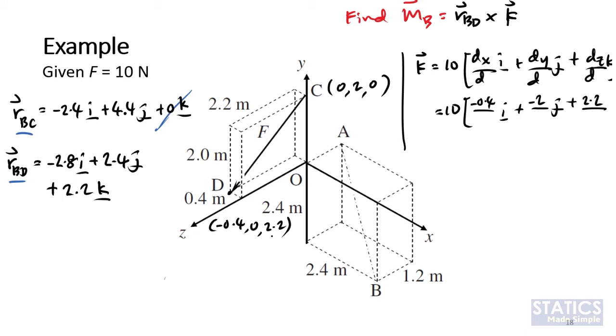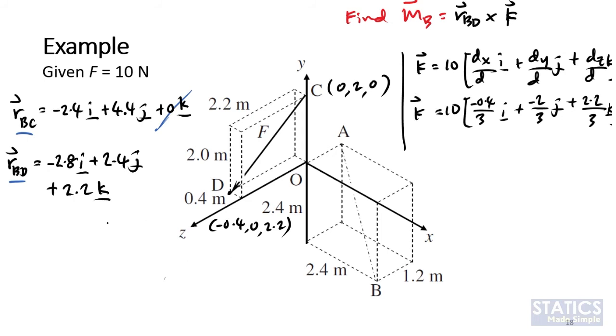Along z, you have 2.2 minus 0, so 2.2. Then d is the square root of 0.4 squared plus 2 squared plus 2.2 squared. The sum of that gives you one value, take the square root, and you end up with d equals 3. So this is your F in terms of IJK.